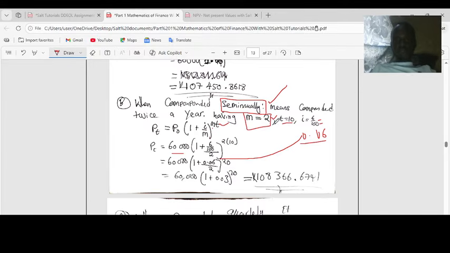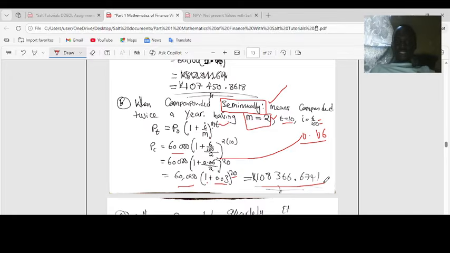I have 10 years multiplied by the number of conversions, which is 2. So we have 20 as the power now. 0.06 divided by 2, I'm going to have 0.03 plus a 1. 1 plus 0.03, the answer, power 20, the answer multiplied by 60,000, and you should have that.